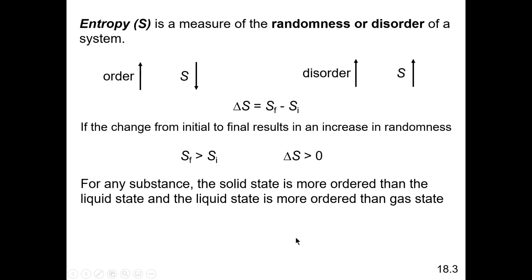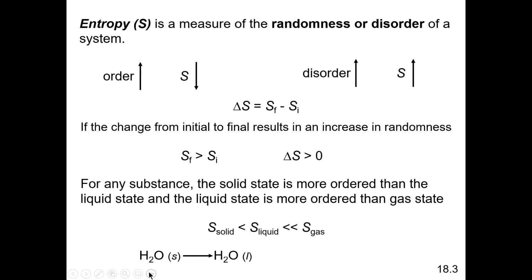So basically, the entropy of the solid would be less than the entropy of the liquid, and the entropy of the liquid would be much less than the entropy of the gas, because the gas is more disordered. The liquid is not as disordered as the gas, but it has some disorder, such that its entropy would be greater than the solid, which would have the least amount of disorder. That's how we can apply the term entropy to a substance existing in different phases.